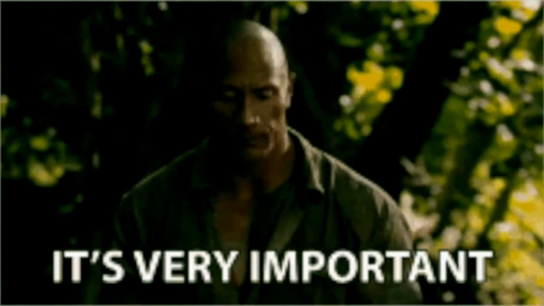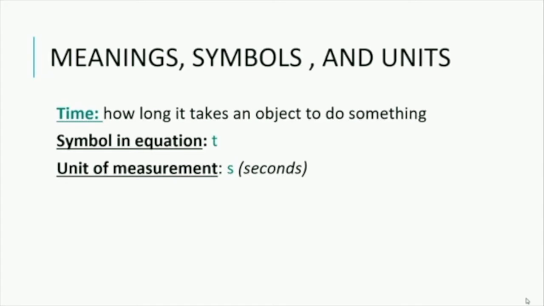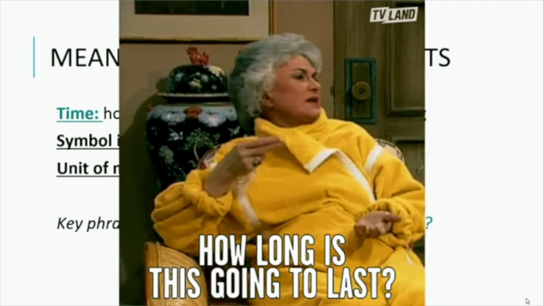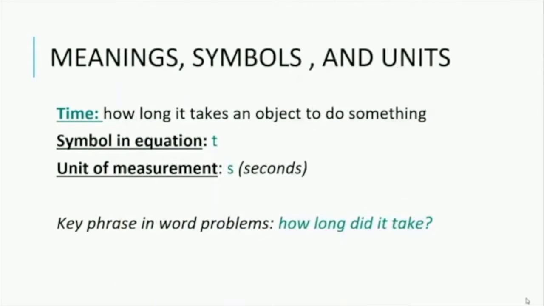Whenever we're asked how long did it take, that's just asking us the amount of time needed for that event to occur. For example, if I asked, how long is a class period? Well, that's just asking me how much time is in a class period. And right now a class period is 40 minutes. But don't forget, this is physics, so I'd have to convert that over to seconds.